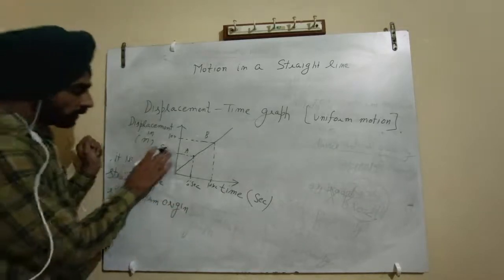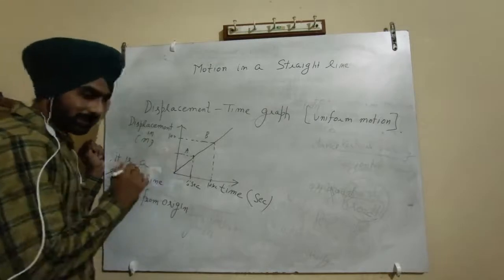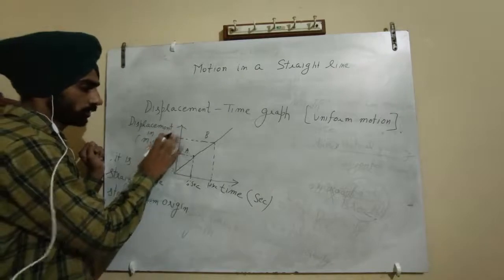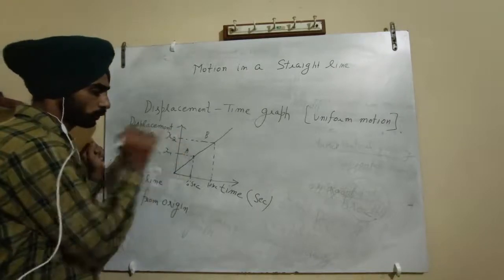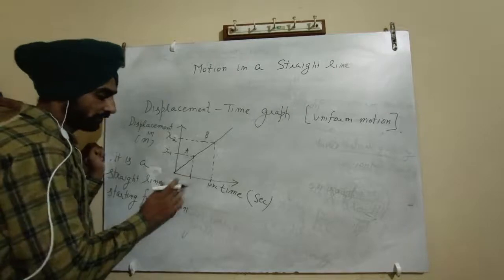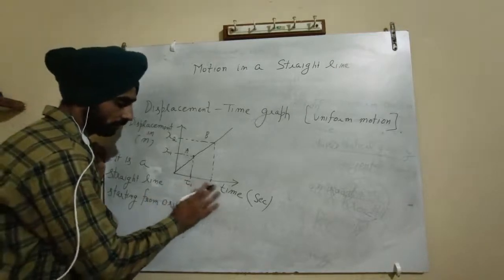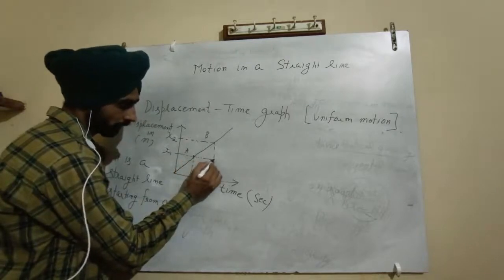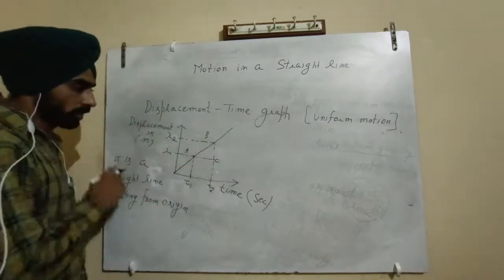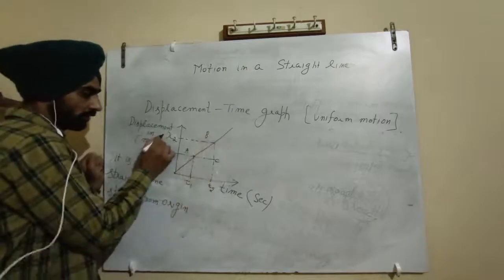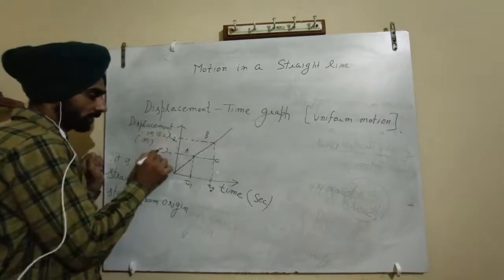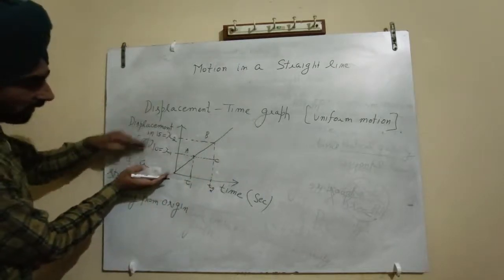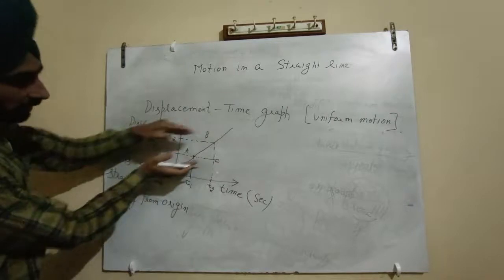Take this value as displacement x1, and this also as displacement, take this value as x2, and this is time t1 and this is time t2. Join this line and mark this point as C. So if it is 15, or if it is 10, what will be the value of BC? 15 minus 10, that is 5.